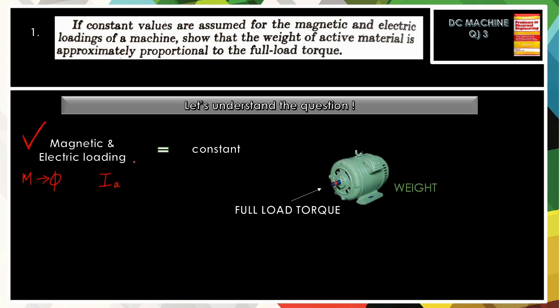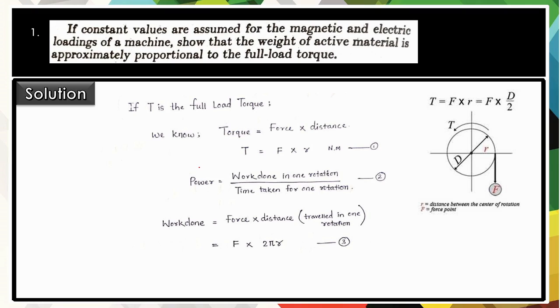So it is saying this is constant, then prove the full load torque produced by the shaft is proportional to the weight of the machine. So torque is proportional to the weight, where the condition is the magnetic and electric loading is constant. So let's see how to proceed.